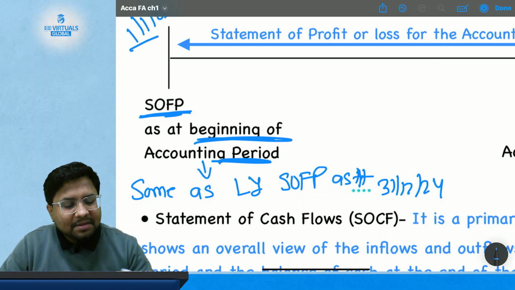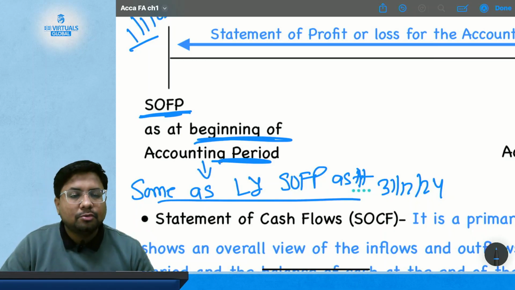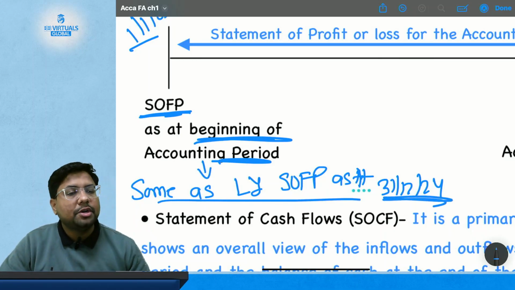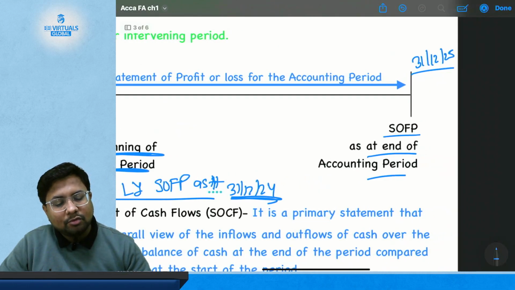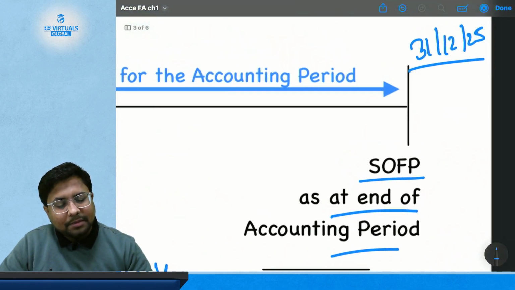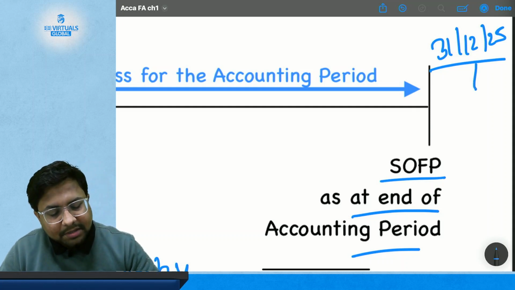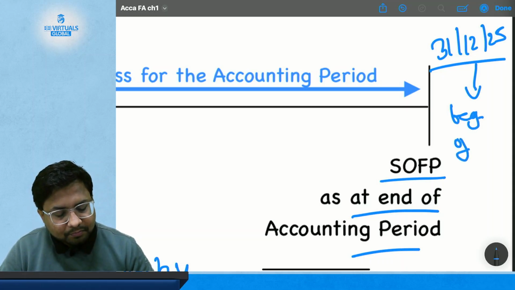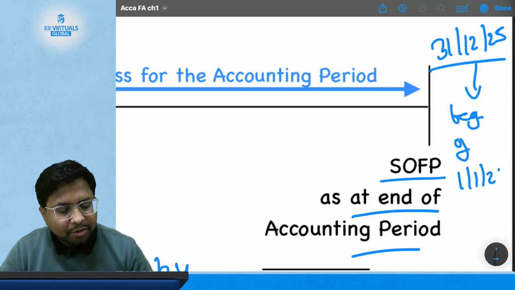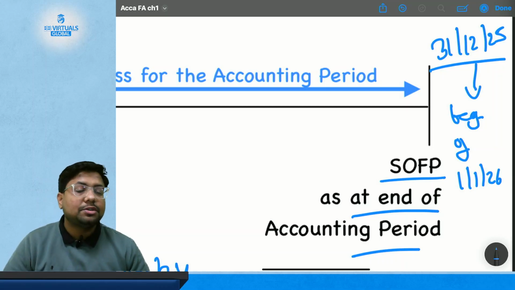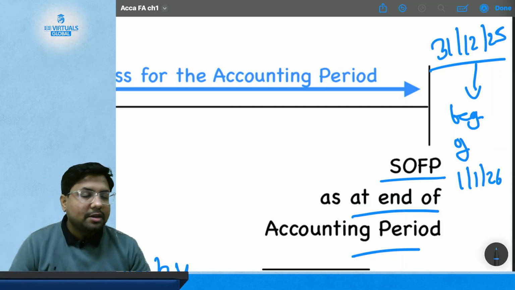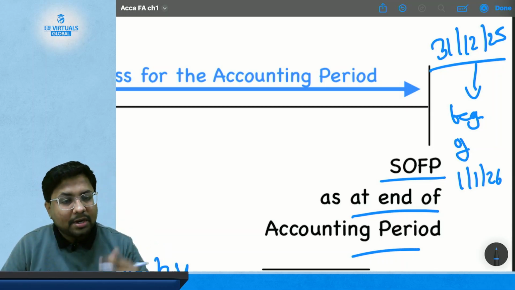That is going to be the same as my statement of financial position as on 31st of December 2024, and the same goes for this. Whatever statement of financial position I hold on 31st of December 2025 will be the same as the statement of financial position at the beginning of 1st of January 2026. I am talking about the beginning, not the end of that particular day.